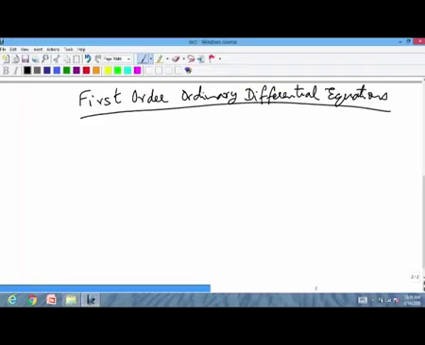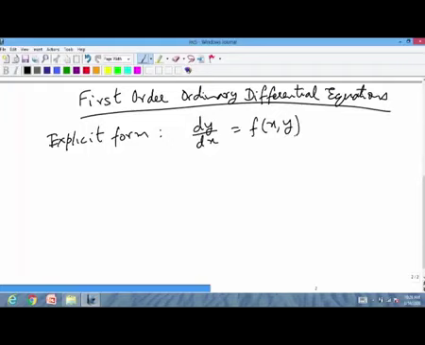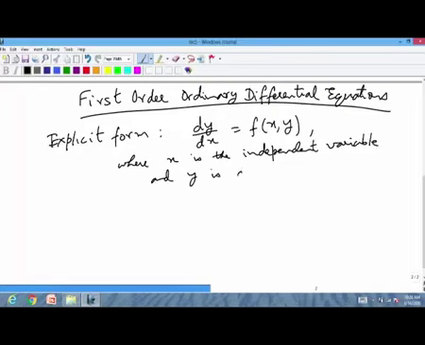So, what is a first order ordinary differential equation? In explicit form, this is an equation of the form dy dx equal to f of x y, where x is the independent variable and y is dependent on x.